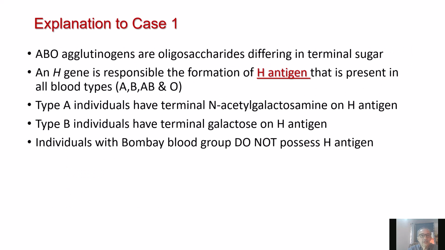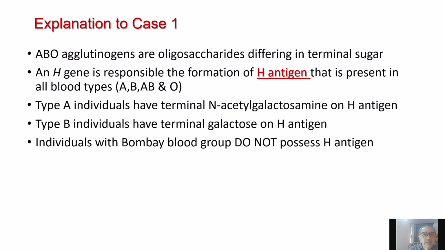Let's explain this case. This was a rare group where the individual had absent H antigen. This H antigen is present in all blood groups, that is A, B, AB and O. The H gene is responsible for the formation of H antigen, which is absent in Bombay blood group.